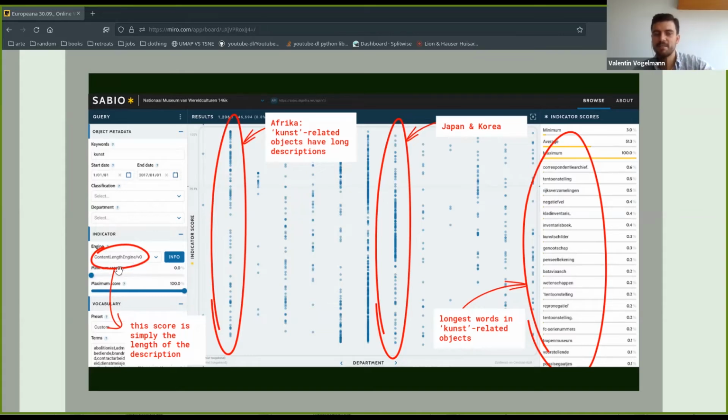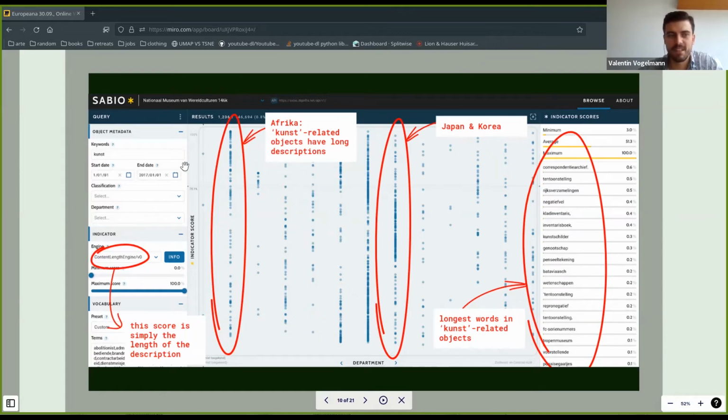This algorithm is an interesting example to me because of its simplicity. What it literally does is count how many words there are in the description of an object. So what you see up here are all the objects that have long descriptions, and down here all the objects that have short descriptions. Now, why could this be interesting?